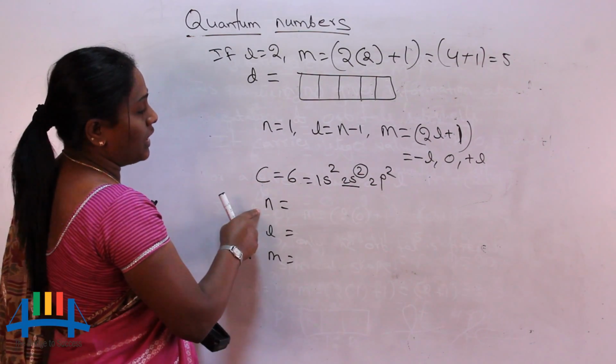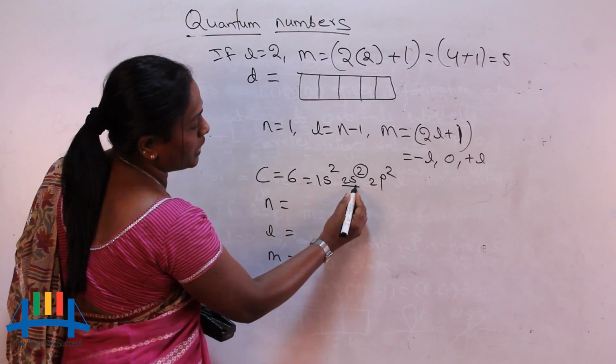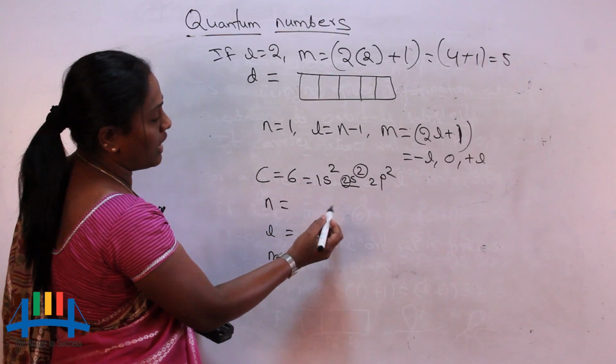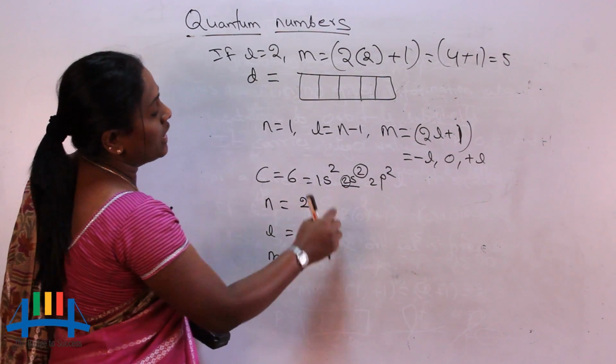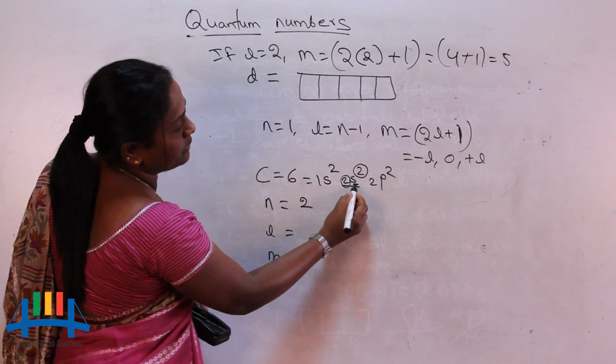Now write the N value. What is the N value here for the 2s2? This number indicates its N value, so N is equal to 2. Directly they gave 2s2, S here.